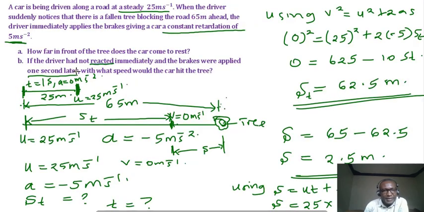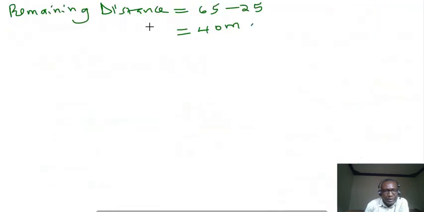They need us to find the speed with which the car hits the tree. Okay, yes, that's what they need us to find. Now we have u, which is 25 meters per second. We have the displacement, the distance it has now to move, which is this one, 40 meters.